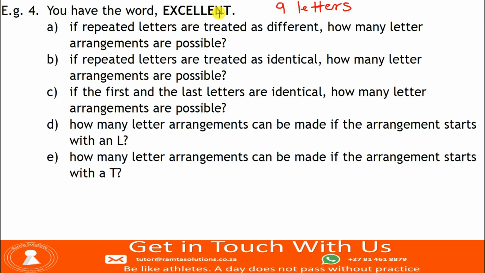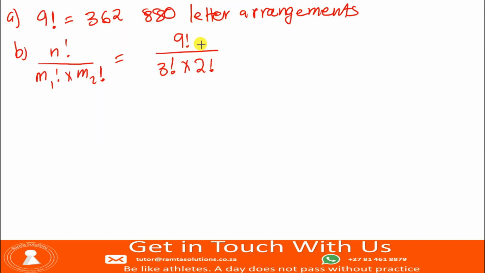Okay, so now we have 9 letters that are making up the word excellent. But 5 of them are repeating, 3 of the same kind and 2 of a different kind, but different to this 3. Okay, let's see now. Taking out our calculator, this is 9 factorial over 3 factorial multiplied by 2 factorial.